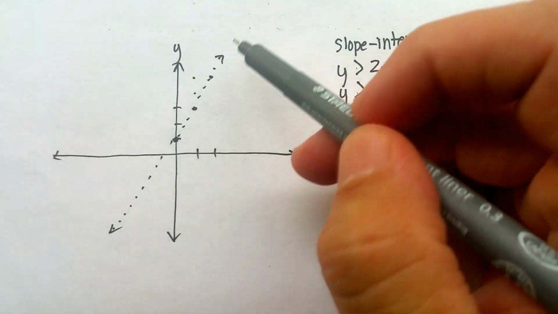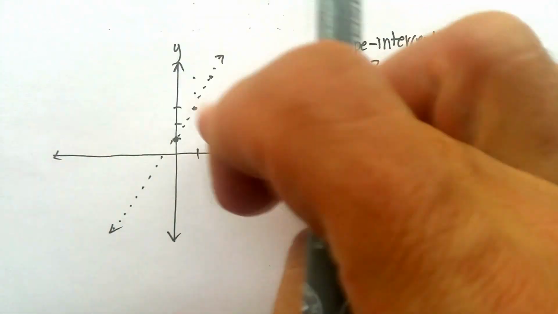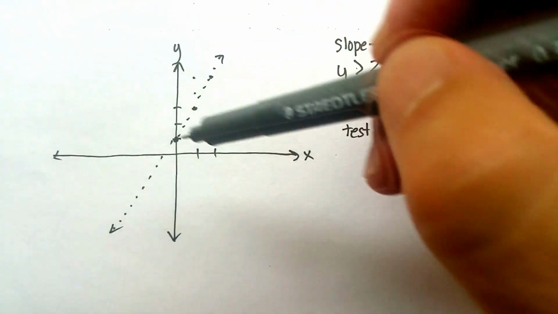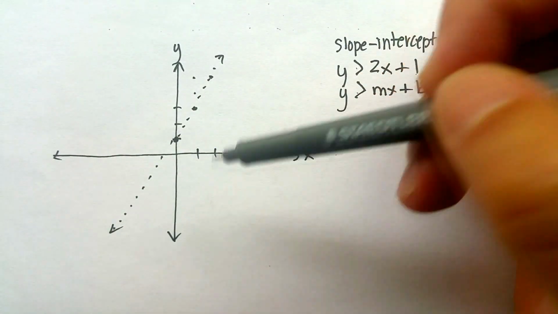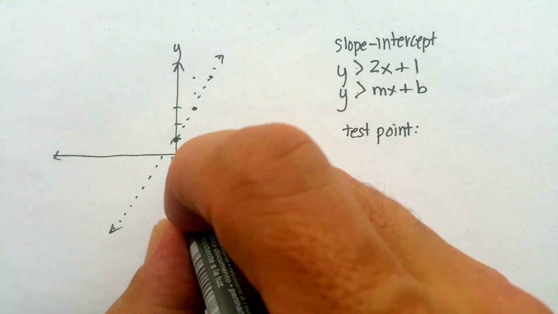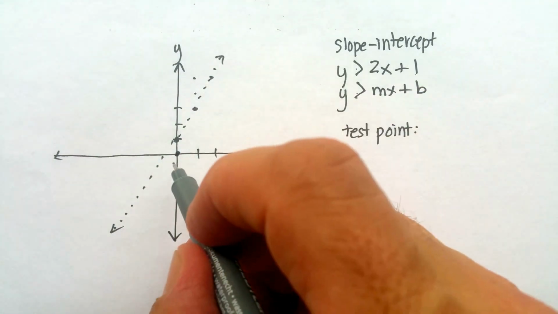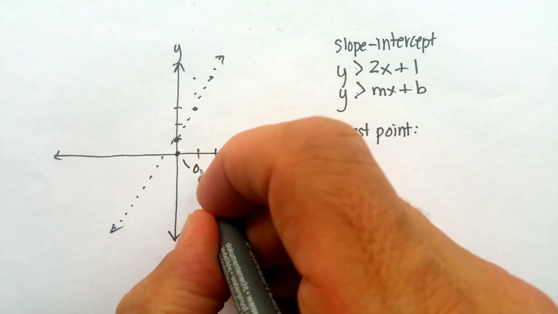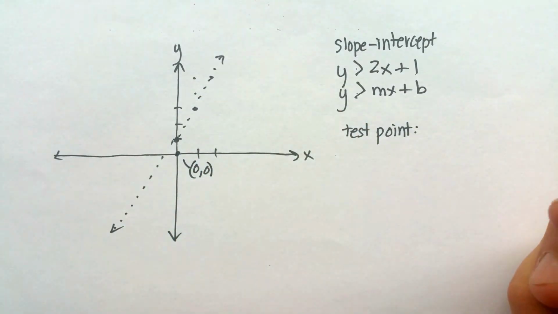I've basically just divided my graph into two halves, haven't I? Everything that's on this side and everything that's on this side. If I were to choose a point on one side or the other, let me just choose 0, 0, because it's always easy to use.